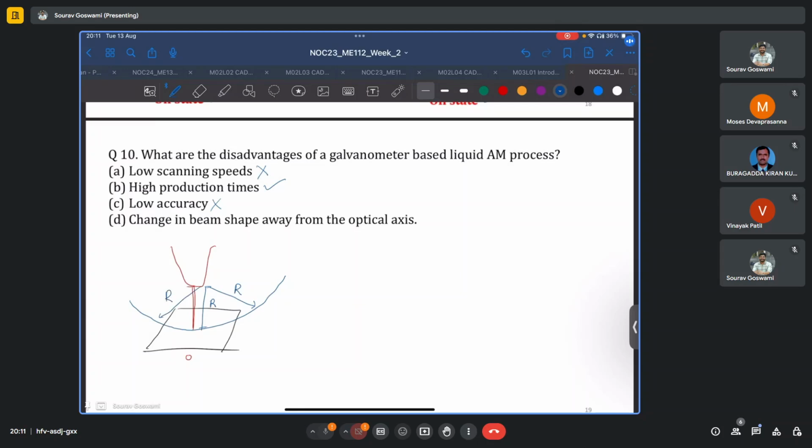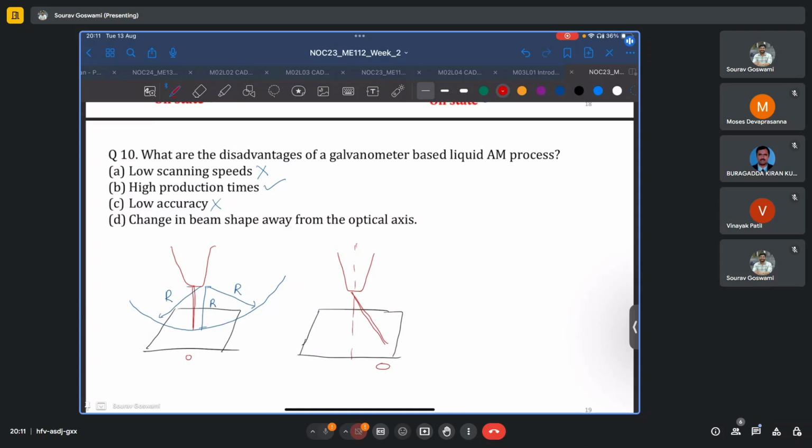However, our substrate will mostly be a flat region, and thus when we are scanning areas that are far away from the optical axis, there is a high chance that there is a distortion in the beam profile and the beam shape, and from circular it turns elliptical.